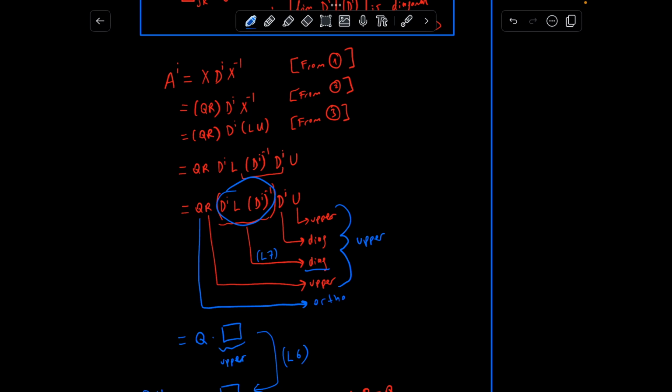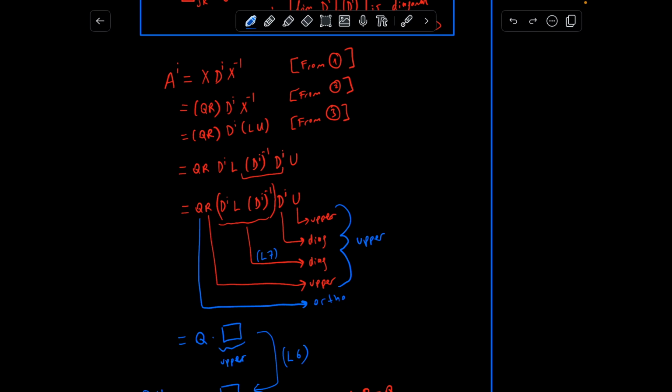So U is an upper triangular matrix, D to the power of i is diagonal, and this expression goes to diagonal as i goes to infinity, and R is also upper. So upper, diagonal, diagonal, upper, and if you multiply those four matrices, you will end up with an upper triangular matrix. And Q is an orthogonal matrix.